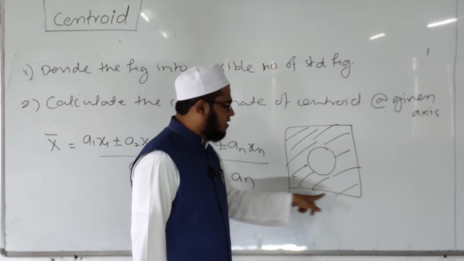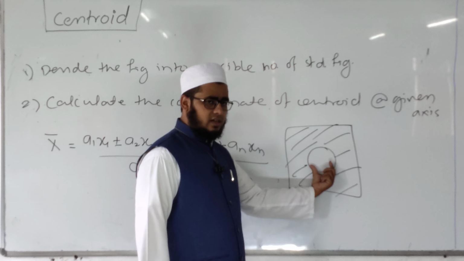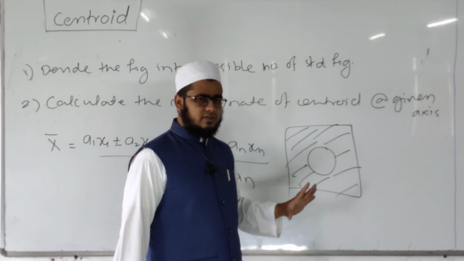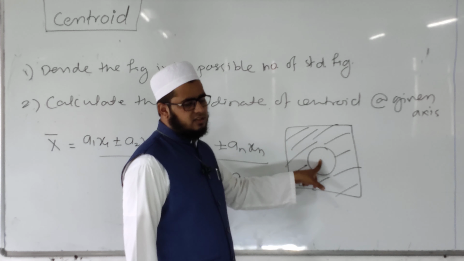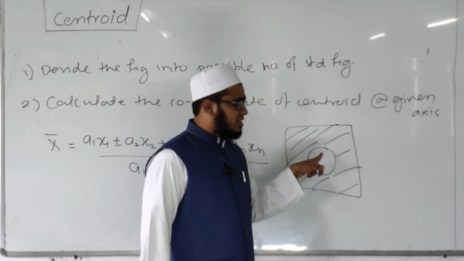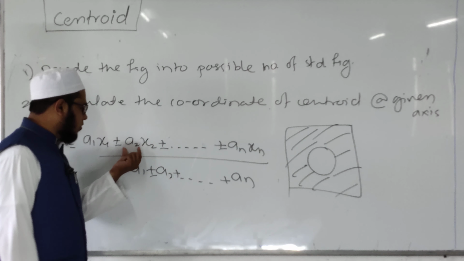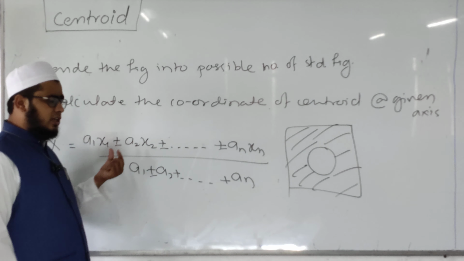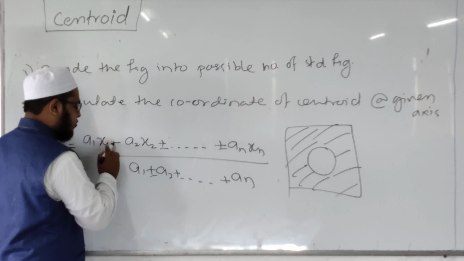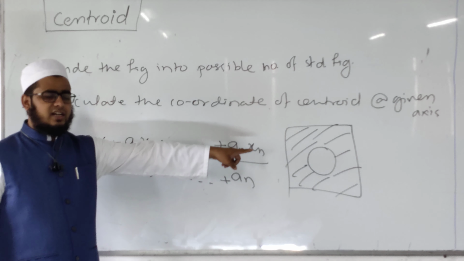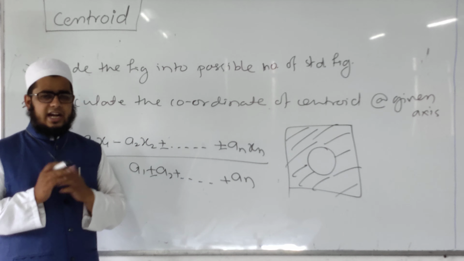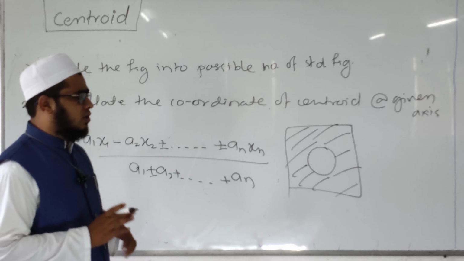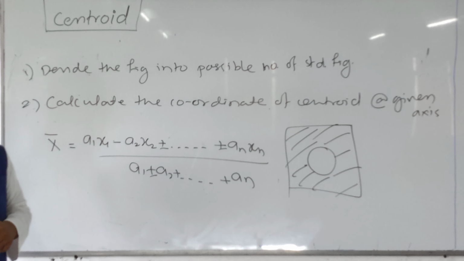Here it is a rectangle and a circle. These two standard figures are possible. But the rectangle has mass and the circle is a hollow part. For the circle, we will put the area of the circle here with a negative sign because it doesn't have mass. A hollow part should have a negative sign, and if mass is present, then we consider a positive sign.